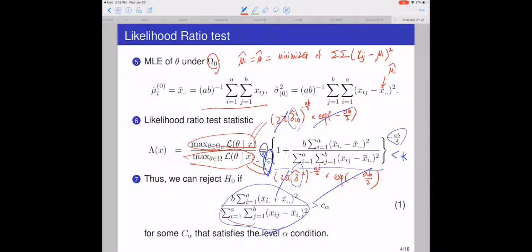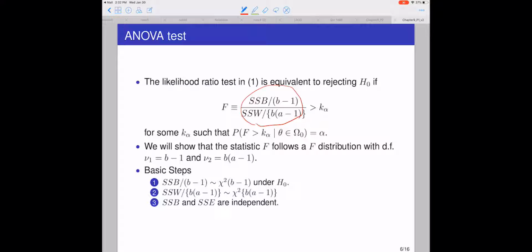It turns out that we can show that this statistic follows an F distribution with degrees of freedom B minus 1, oh, I think this is A. I probably need to fix this. So okay, let me stop here and then we'll continue.